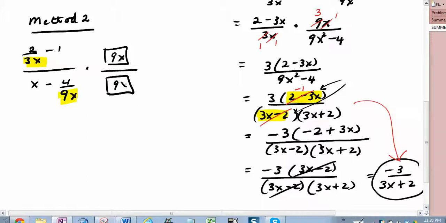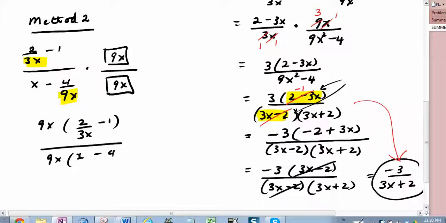I multiply numerator and denominator each by 9x. So let's look and see what that's going to look like. Here is my numerator multiplied by 9x. Here is my denominator multiplied by 9x.